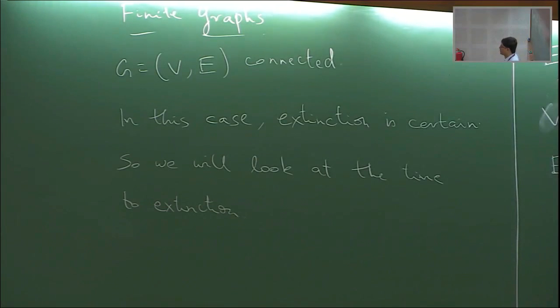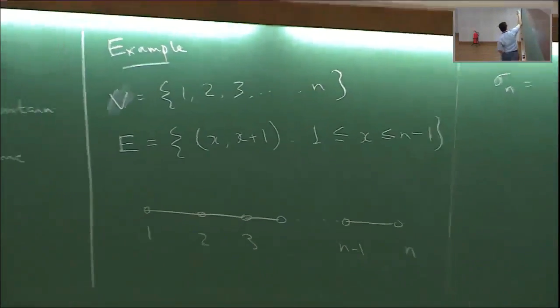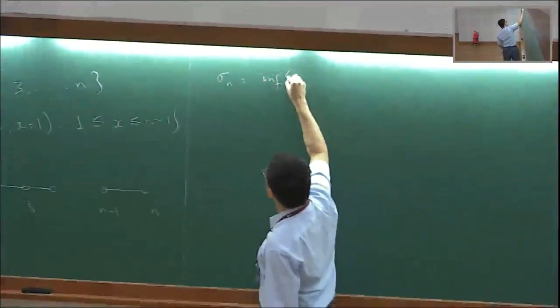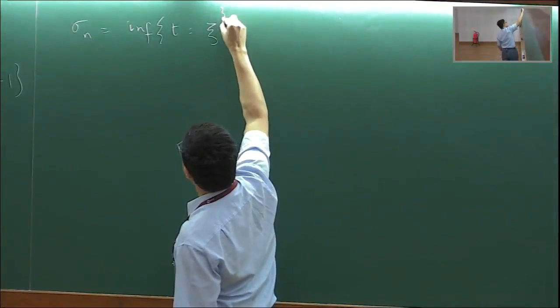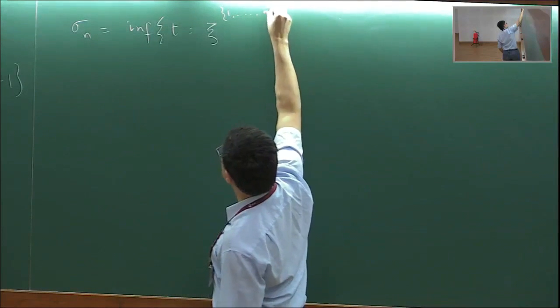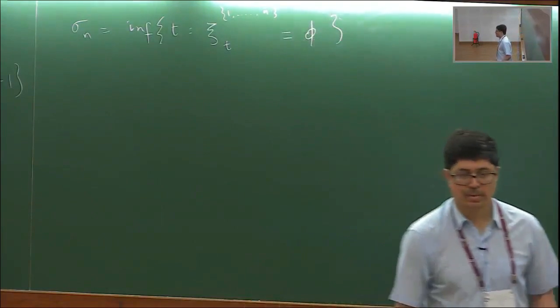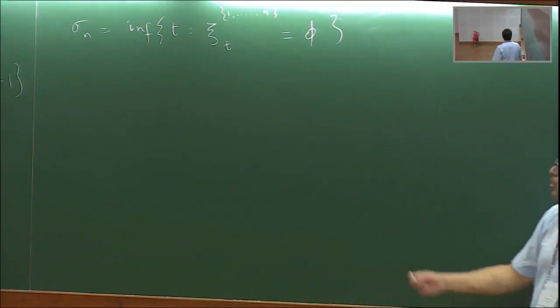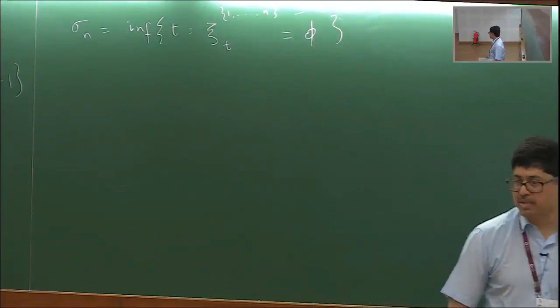Okay, so that's our graph, the line on n points. And then let's define sigma_n to be the time to extinction starting with all vertices initially infected. So your initial condition is all vertices are infected. You look at the first time that you hit the empty set.